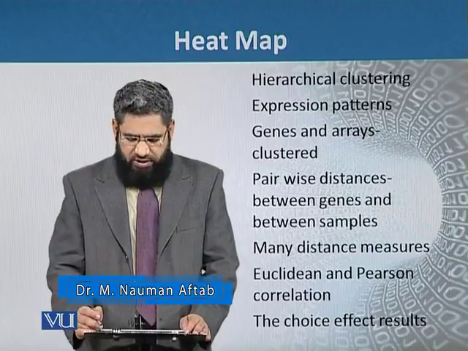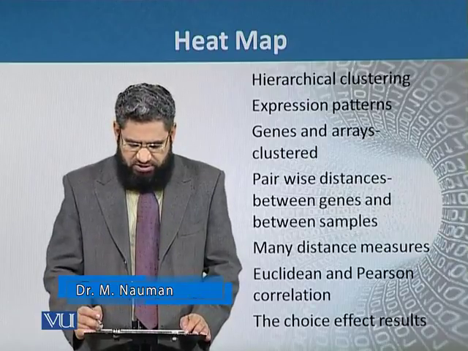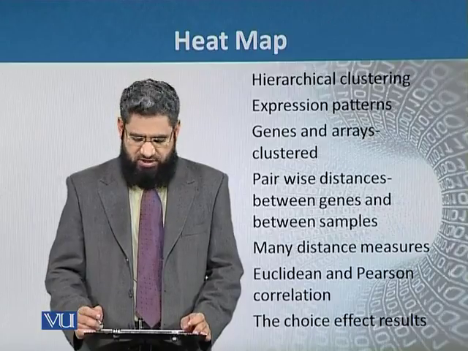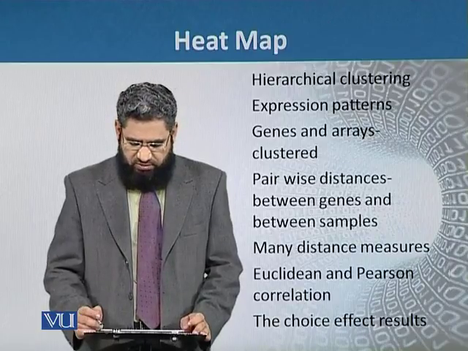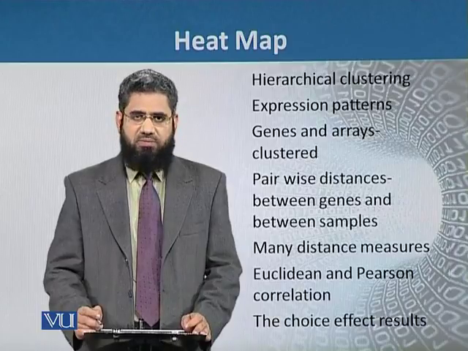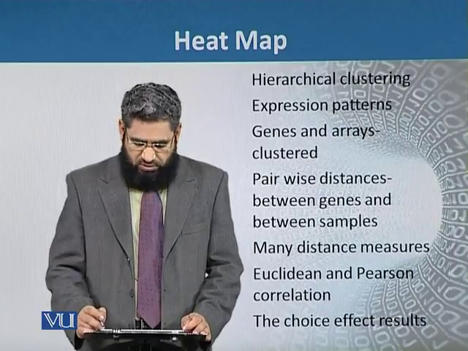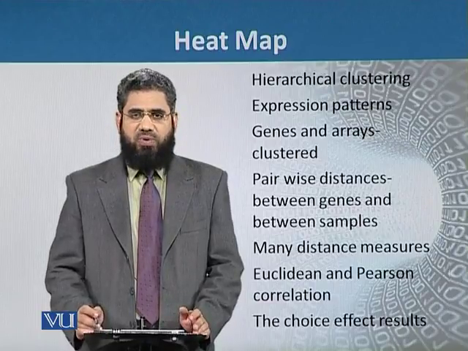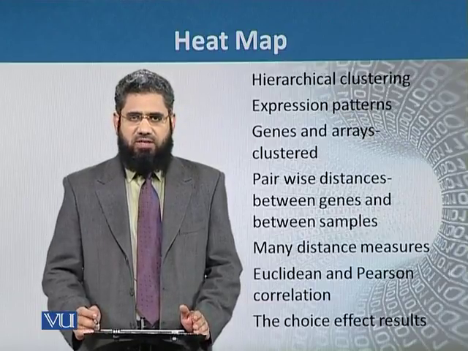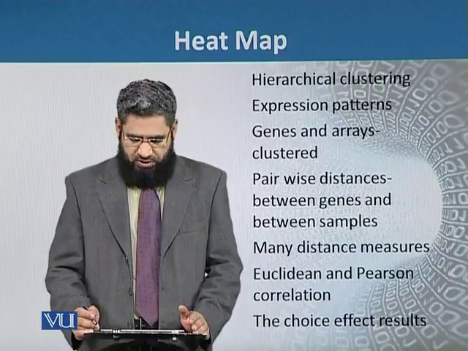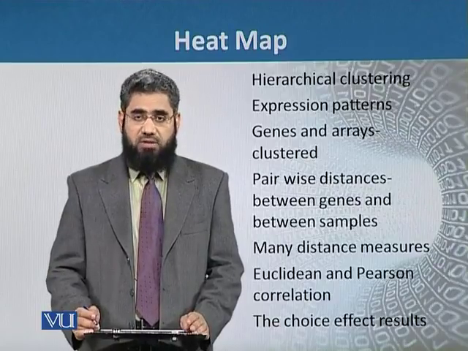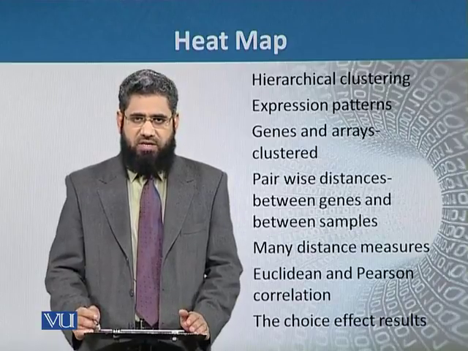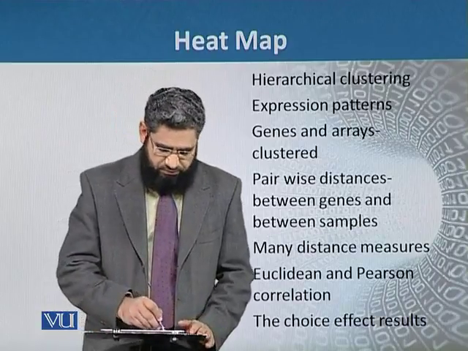Two of the available methods for distance measurement are very famous: the Euclidean and the Pearson correlation methods. We cannot say with surety which method will give the best results. However, the choice of either of these two methods can affect the results.